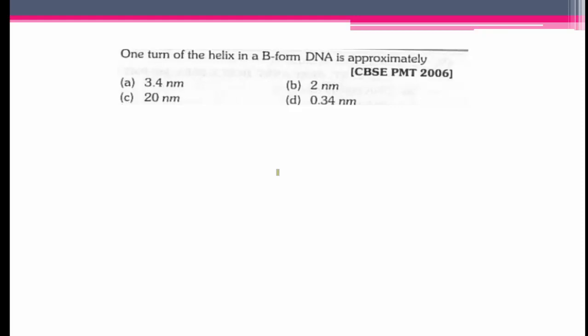The diameter of the DNA molecule is 20 angstrom units, but here it is given in nanometers. So one turn of the B DNA helix is approximately 2 nanometers, because 1 angstrom is equal to 10 to the power of minus 10 meter, and if you calculate 20 into 10 to the power of minus 10, it becomes 2 into 10 to the power of minus 9 meter, and the answer is 2 nanometers.